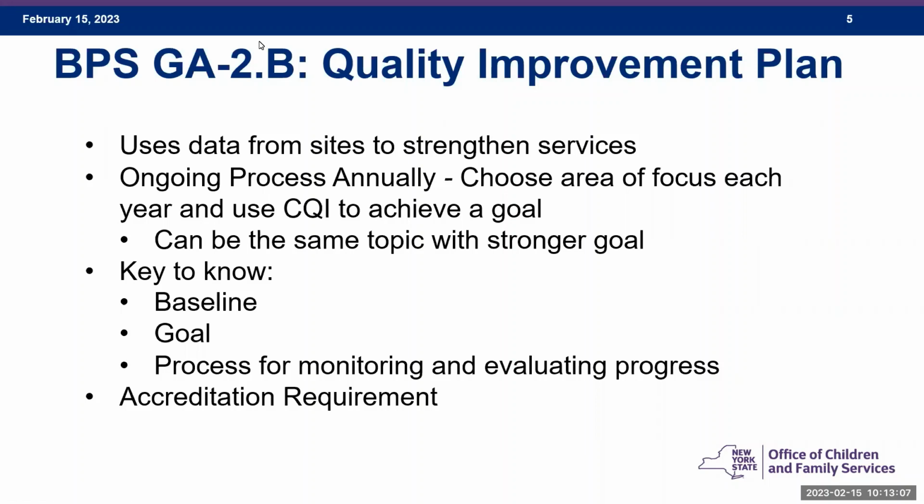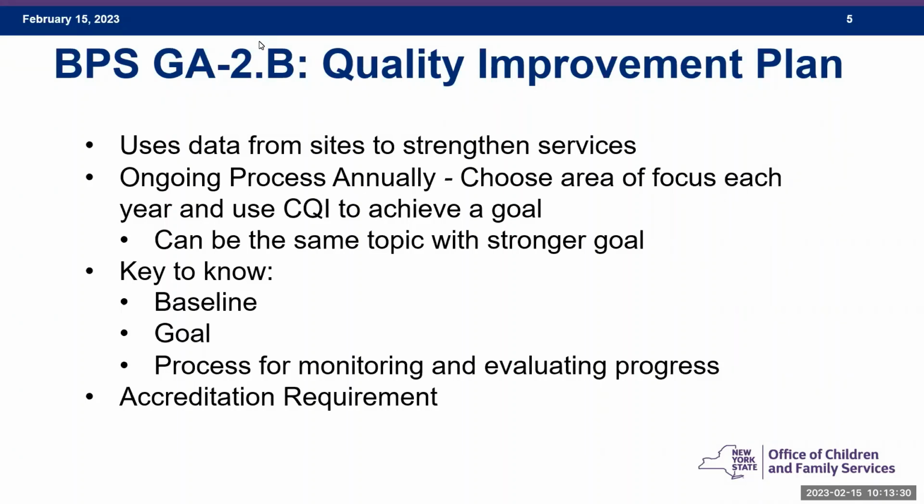So BPS GA2B really sets the stage for CQI to occur within programs. According to the standard, sites will establish a comprehensive quality improvement plan, and this plan is updated annually. So each year, sites will identify an improvement area or areas of focus.